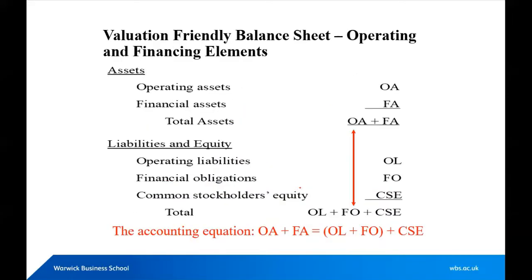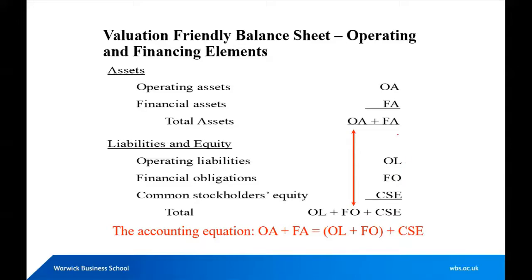Now, if we understand the equation, what can we do? We can classify all of our assets into two categories. One is operating assets, another is financial assets. And we can also classify our liabilities as operating liabilities and financial obligations.